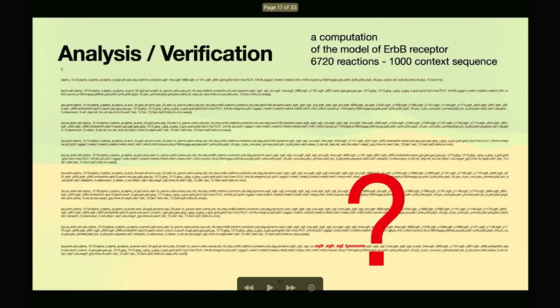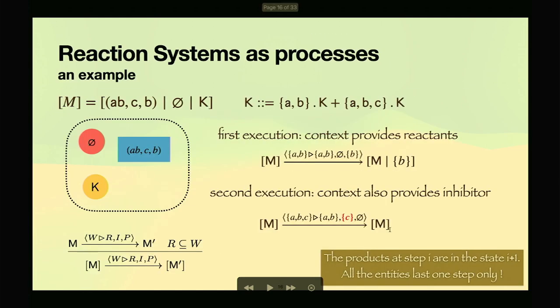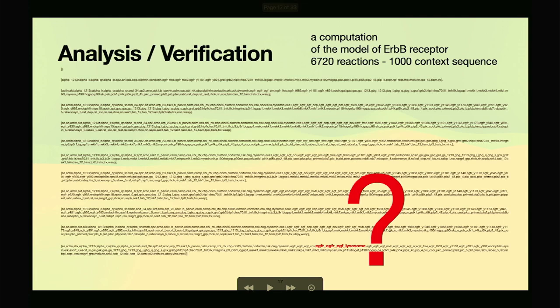Okay. Now, this is fine, and the execution of a reaction system as process produces this. Very nice, but to understand something is not easy. So, for example, this is the execution of a model with more than 6,000 reactions and 1,000 context sequences.